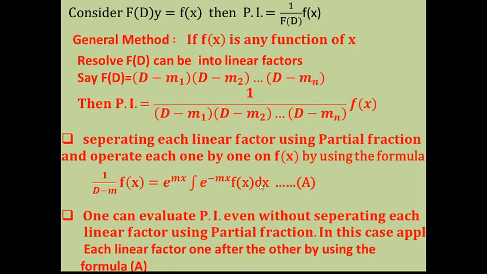So this is one way. Another way is without separating the linear factors, we apply the formula a on function f of x one by one. So these are the two different ways of simplifying this particular integral.